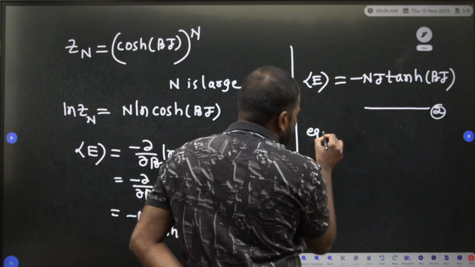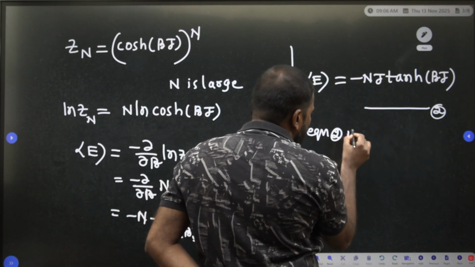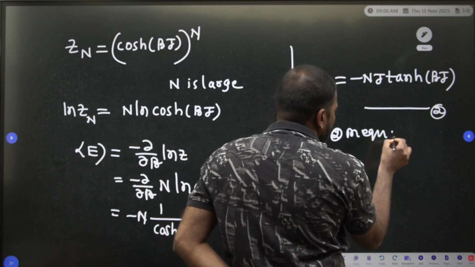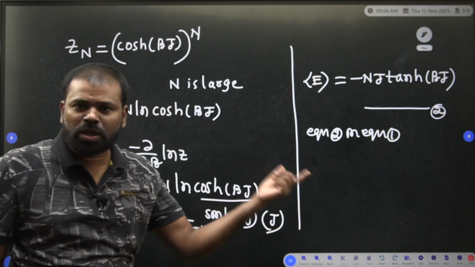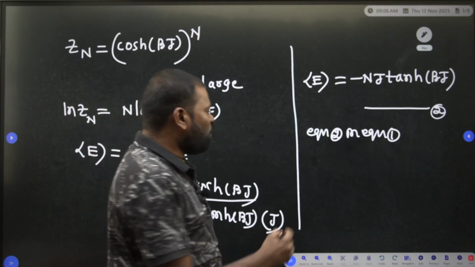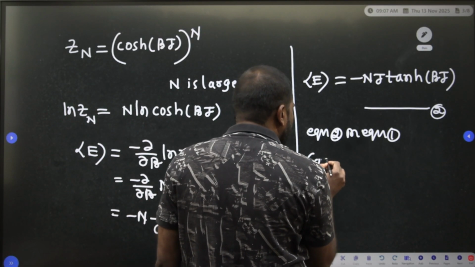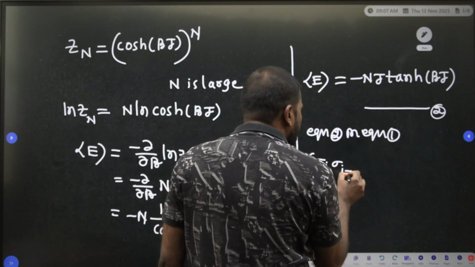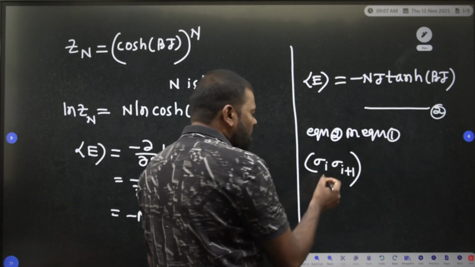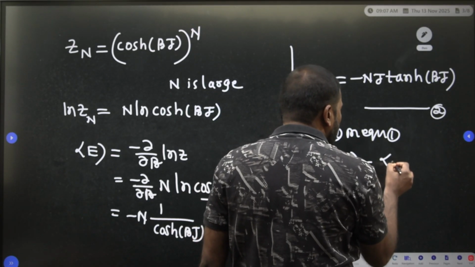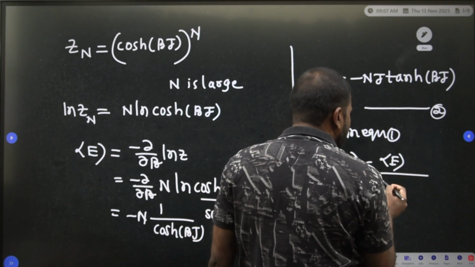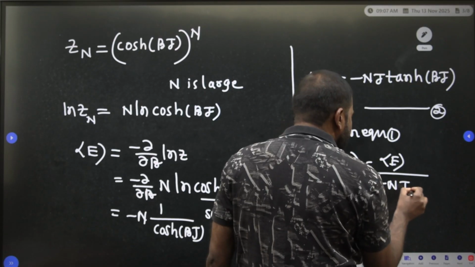Now, equation number 2 you have to substitute in equation number 1. What is your equation number 1? The correlation interaction of the spins of the adjacent particles. So, ⟨σ_i · σ_(i+1)⟩ is equal to the average energy divided by minus nJ.